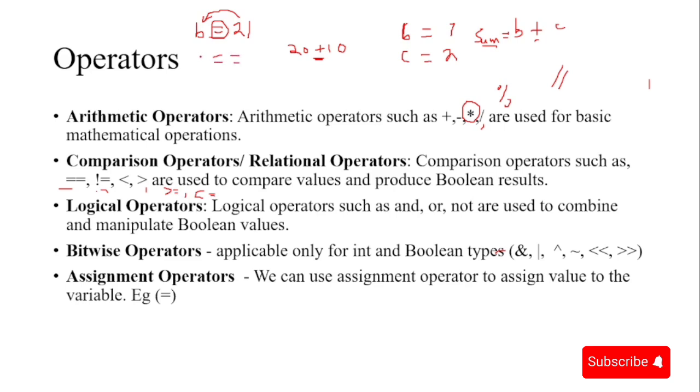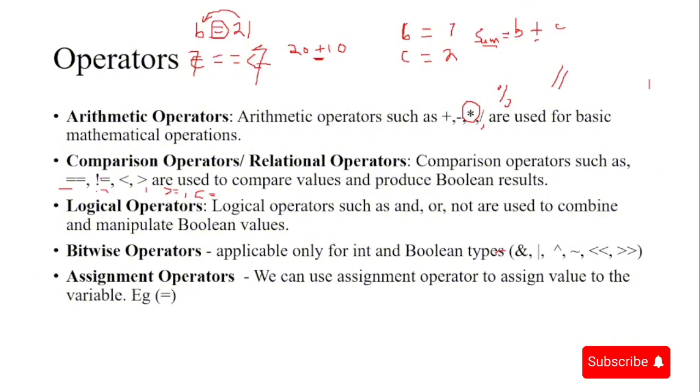Let's say this is c. It means the value on the left is similar to the value on the right. Assuming this is 7, this should also be 7. So that is the difference between the single equal sign and the double equal sign.